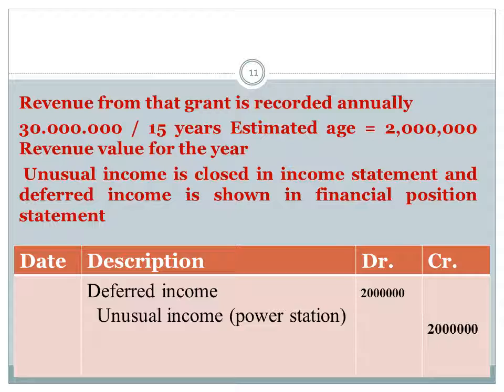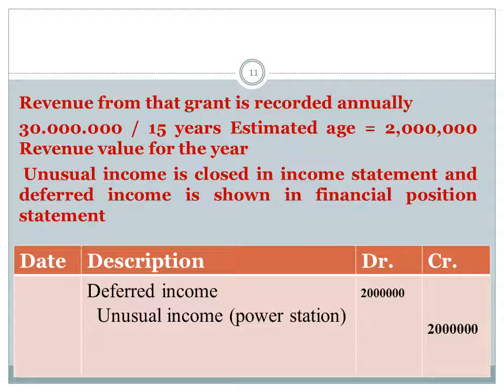The question now, why is deferred income in the debit side? In the first stage, deferred income will be in the credit side, 30 million, the total amount of the governmental grant. It will be in the debit side at the end of the first year because it decreases by 2 million.